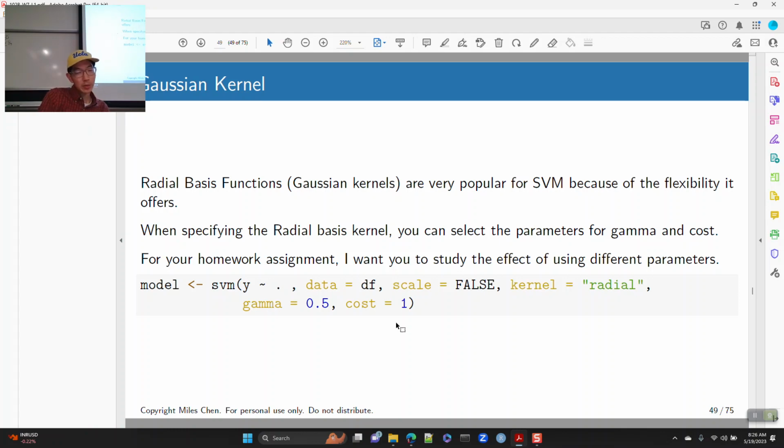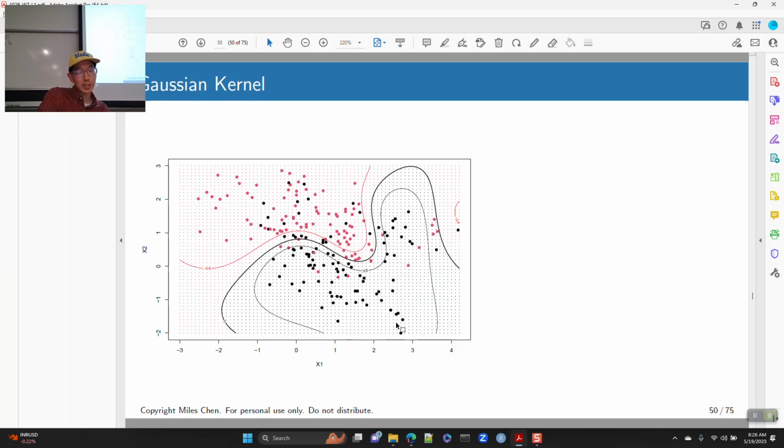So anyway, one thing is gamma. You can think of gamma as how flexible is this boundary. Imagine I'm going to lay these cables and trace the shape of this cable here.